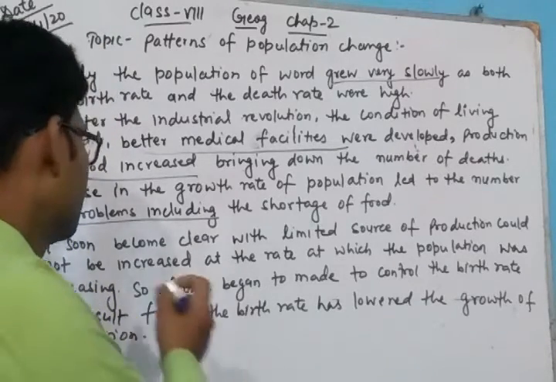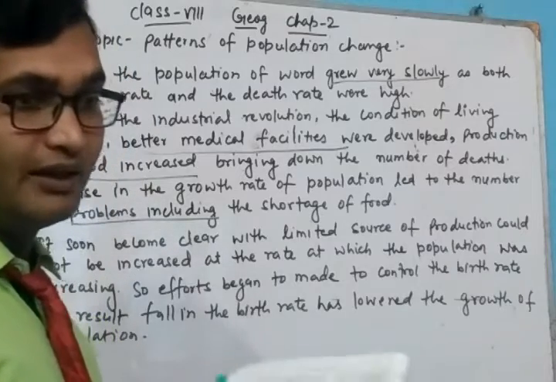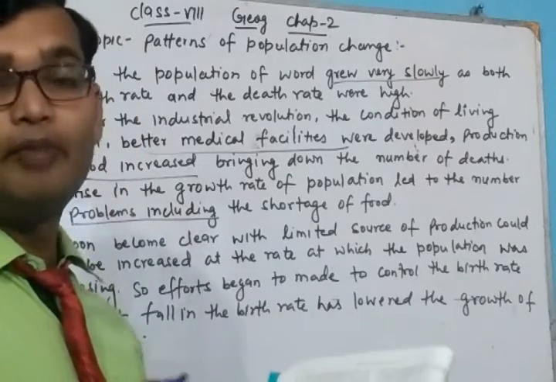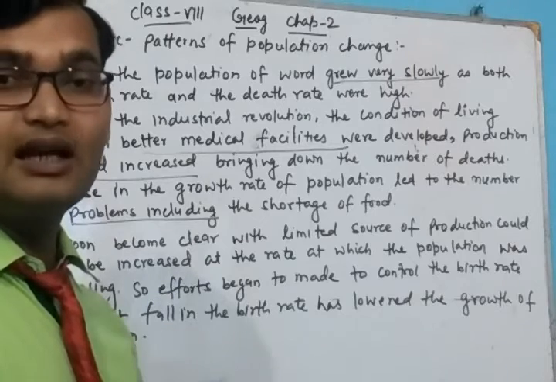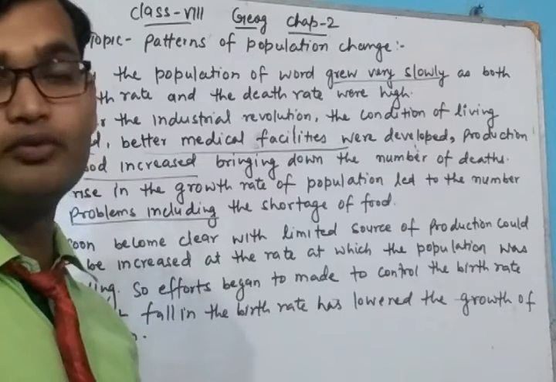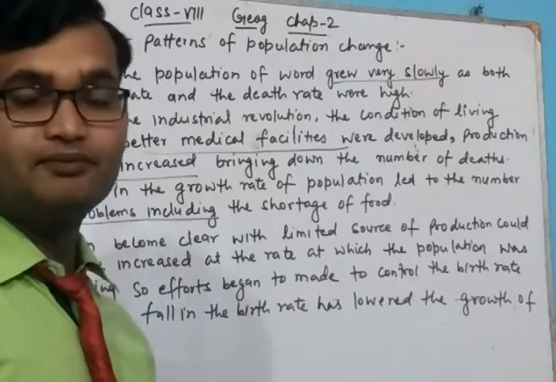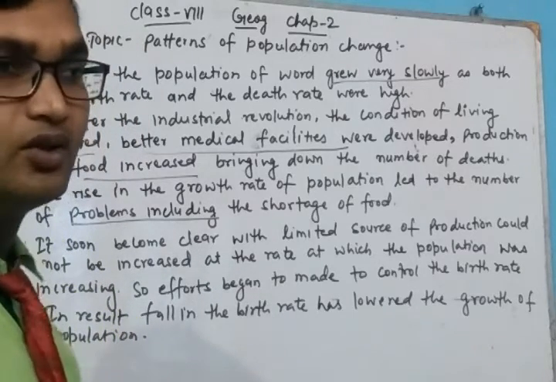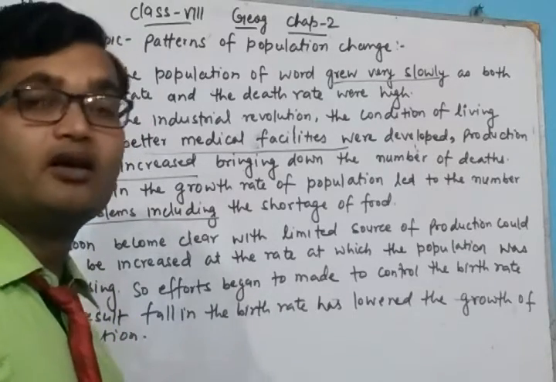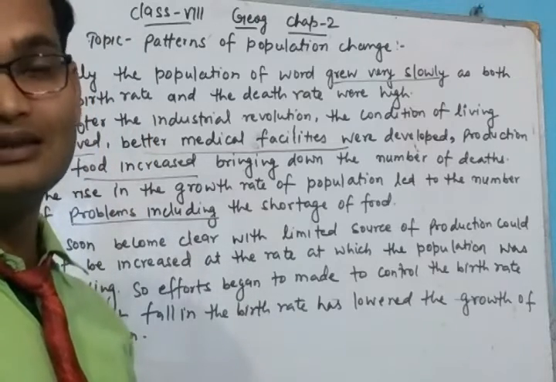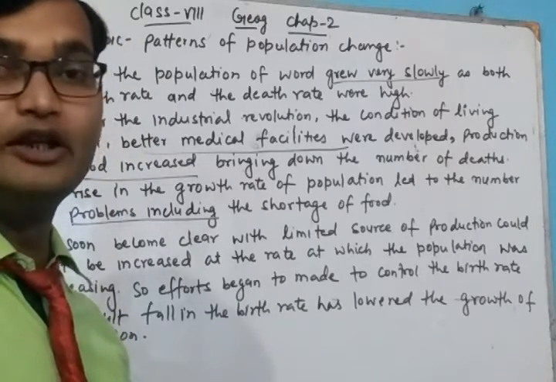Now, it was very difficult to feed the whole population with limited resources of food and other things. So we come to the point that the birth rate should be reduced.